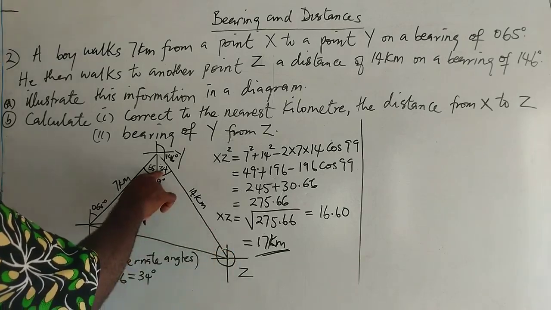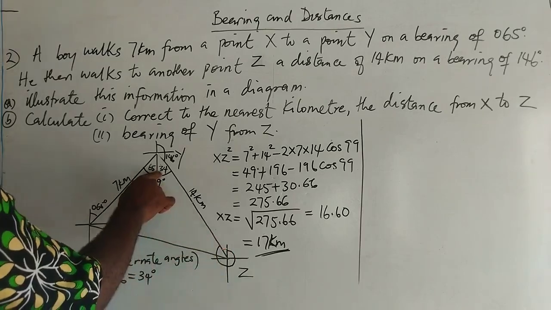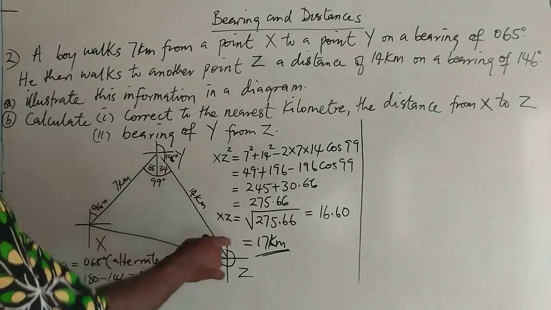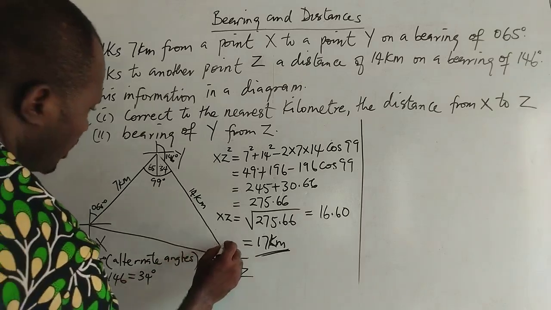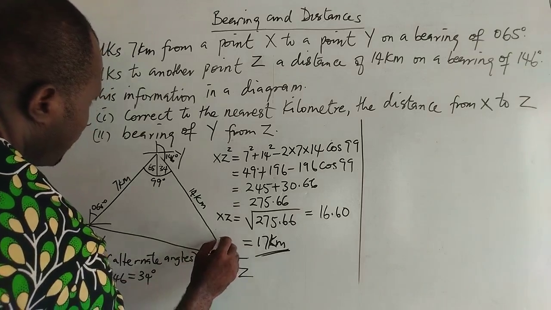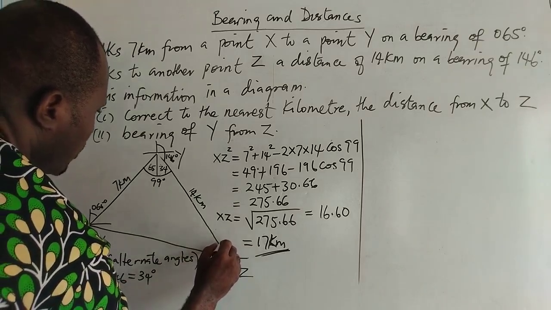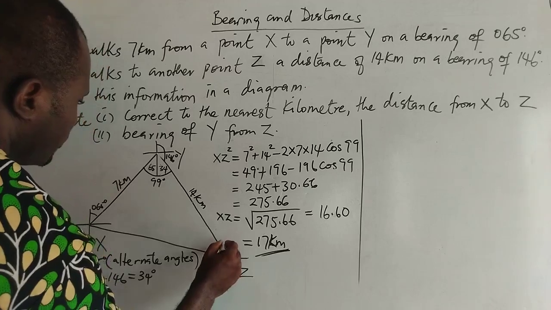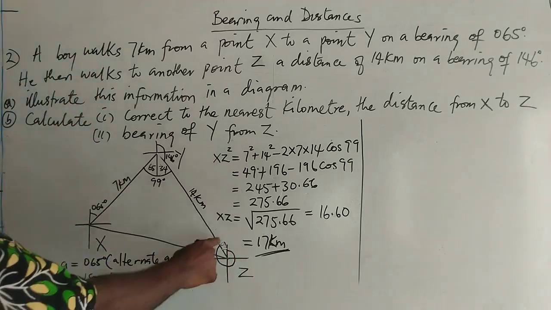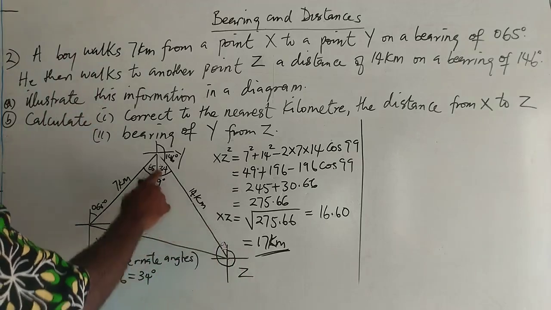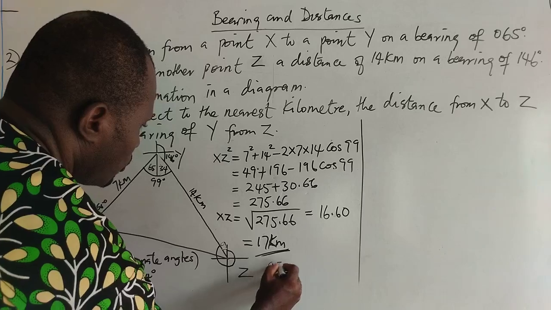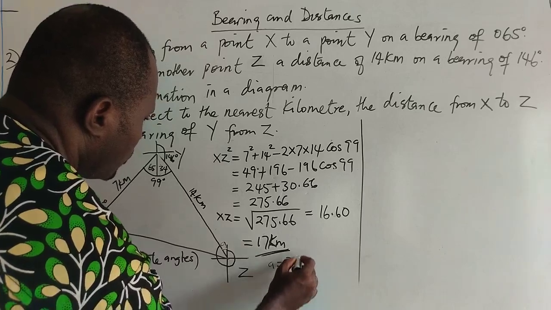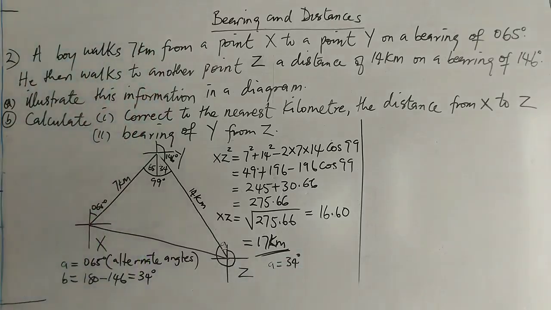That small portion is alternate to 34, is equal to 34, and there are alternate angles. So this small portion here, let me call it small a. So this small a is equal to 34 degrees, and that is alternate angles.